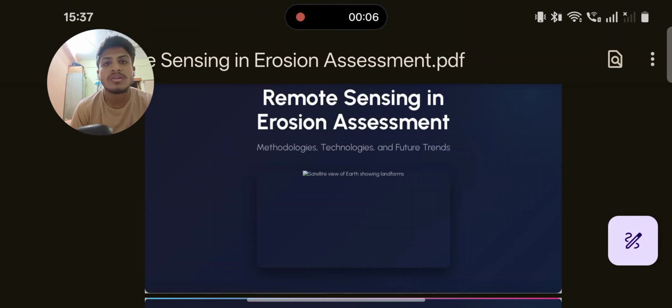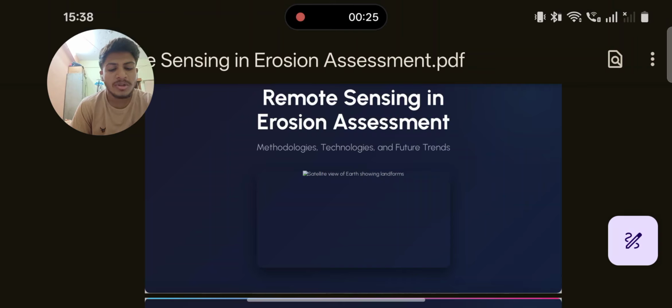Soil erosion. Soil erosion is one of the most critical forms of land degradation, leading to the loss of fertile topsoil, reduced agricultural productivity, sedimentation of water bodies, and ecosystem imbalance.